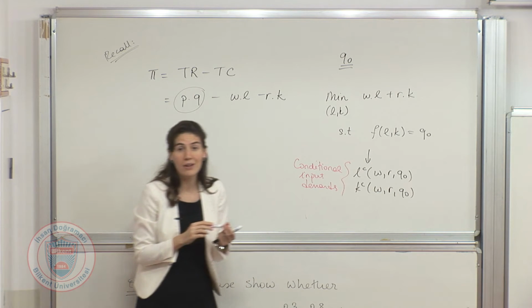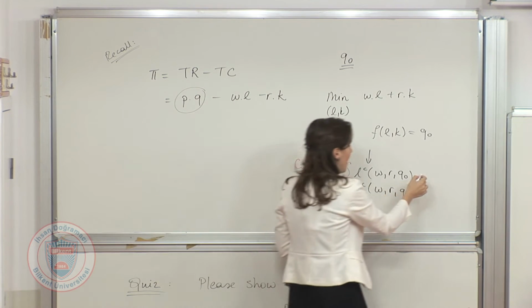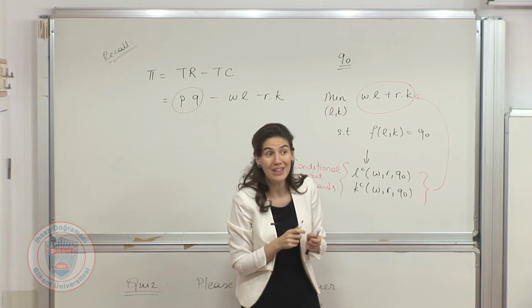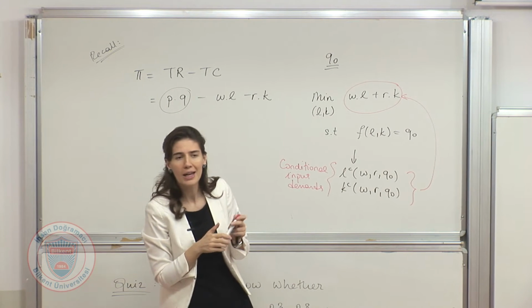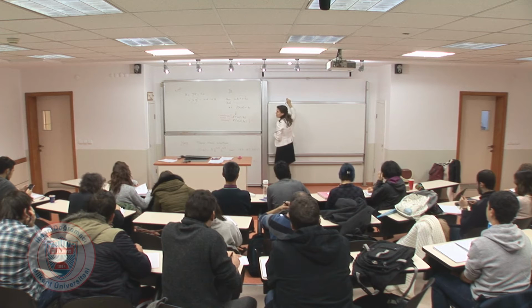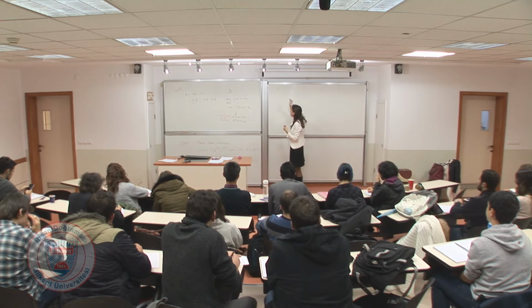Okay? And then remember, when we plug these back into our objective function, we get our value function. The value function that we get, we said we're going to call it the cost function or total cost function, whatever.